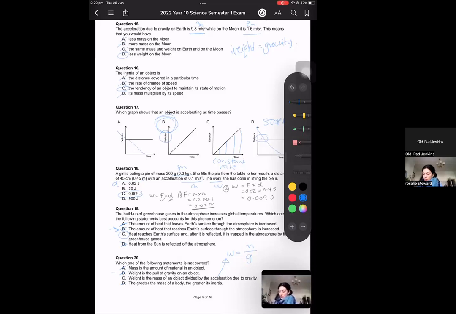So let's write this pretend formula. No, it's not that. If anything, it would be multiplied by, because your weight would increase with increasing gravity and increasing mass. So that formula would be closer to this.